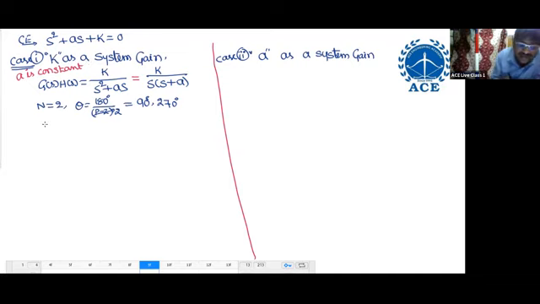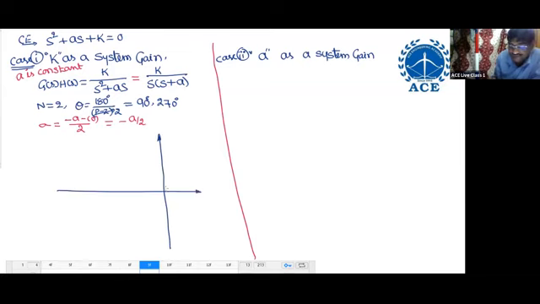Now find the centroid: sum of real parts of poles, minus A, no zeros, divided by 2. The centroid is minus A by 2. Now draw the RLD. This is one pole, at origin, where K equal to 0. This is another pole, minus A, K equal to 0.